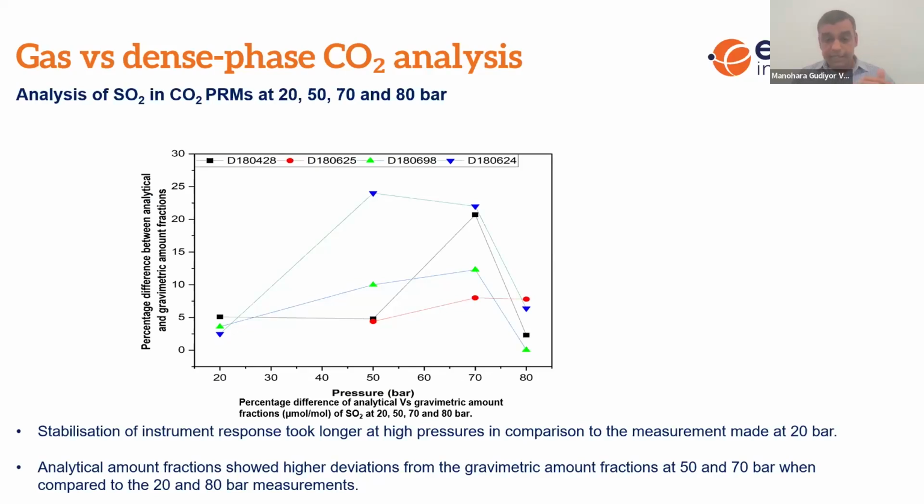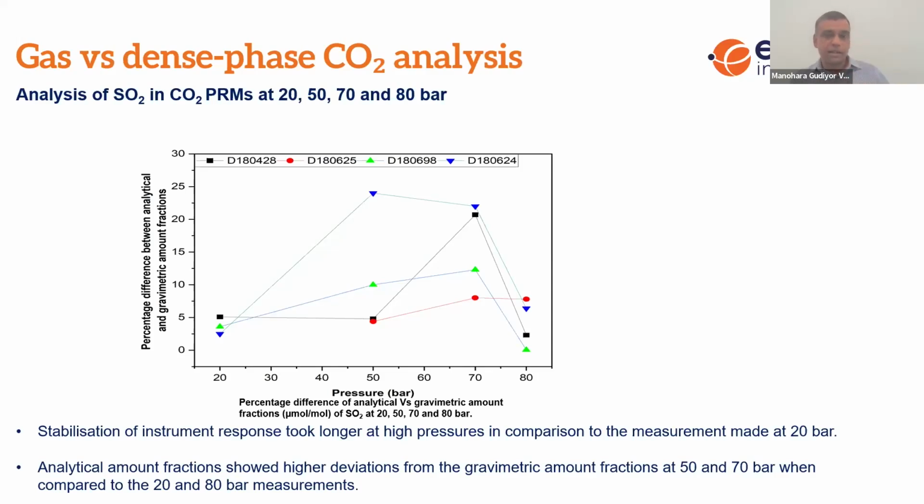If you look at the result itself, I've plotted the percentage difference of various amount fractions with respect to different pressures. You can see there is a lot of variation, where 0 is the gravimetrically expected value. You can go up to 25% difference in SO2 amount fractions. The various D numbers are nothing but various amount fractions of SO2 in the stream.